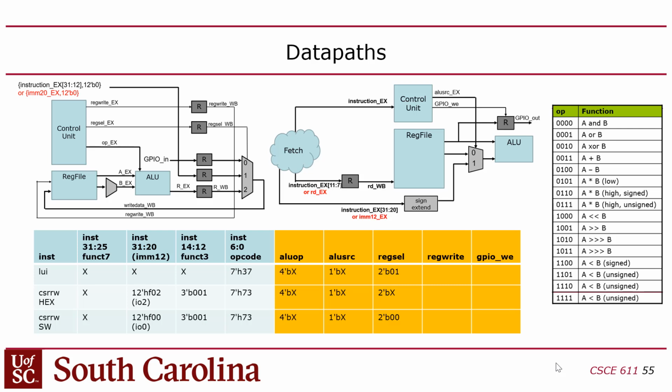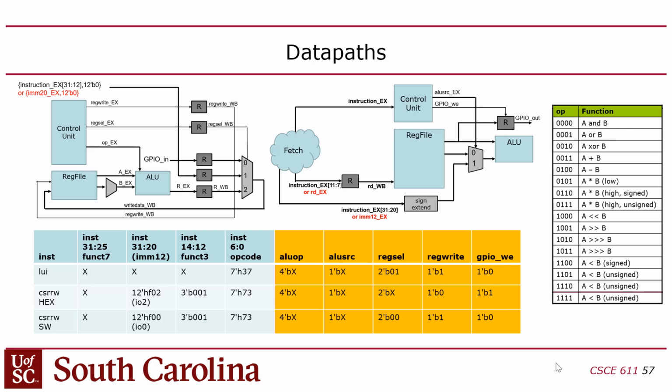Okay? So the control unit should be combinational. There shouldn't be any memory in the control unit, just to clarify that, right? It's an if-then-else, but everything should happen in one cycle, asynchronously. In other words, there's no clock in there. Reg write is always 1, except for, as I mentioned, the hex display, which should be 0, and GPIO write should only be 1 when you update the hex display.